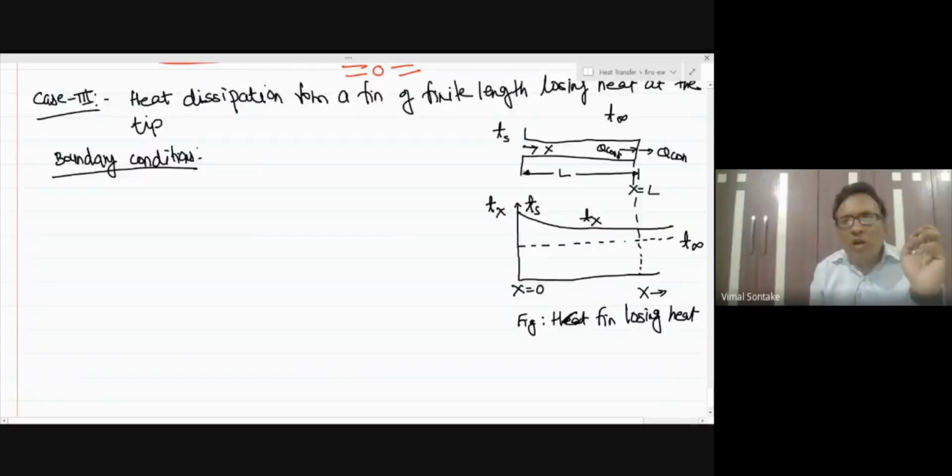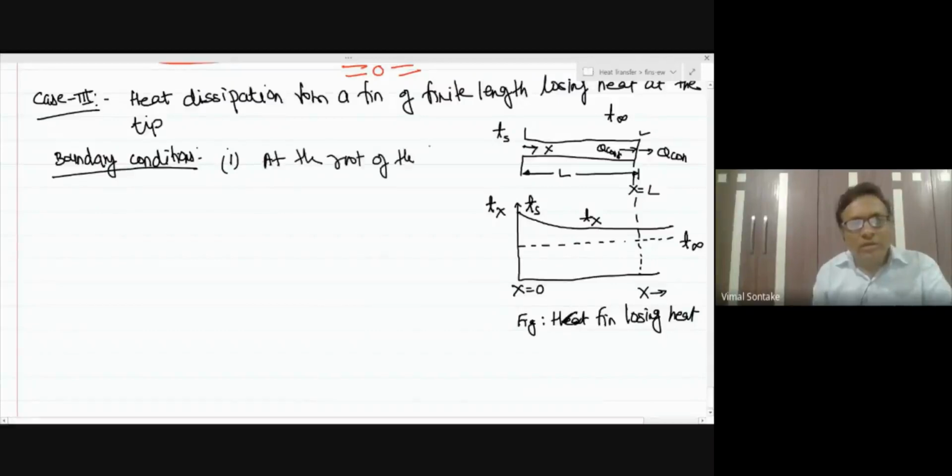So if I consider this point, on the left hand side, heat will be conducted, and from the right hand side, heat will be convected. And since we are considering steady state, both these rates will be the same. So boundary condition number 1 will be at the root of the fin. Root means at this point.